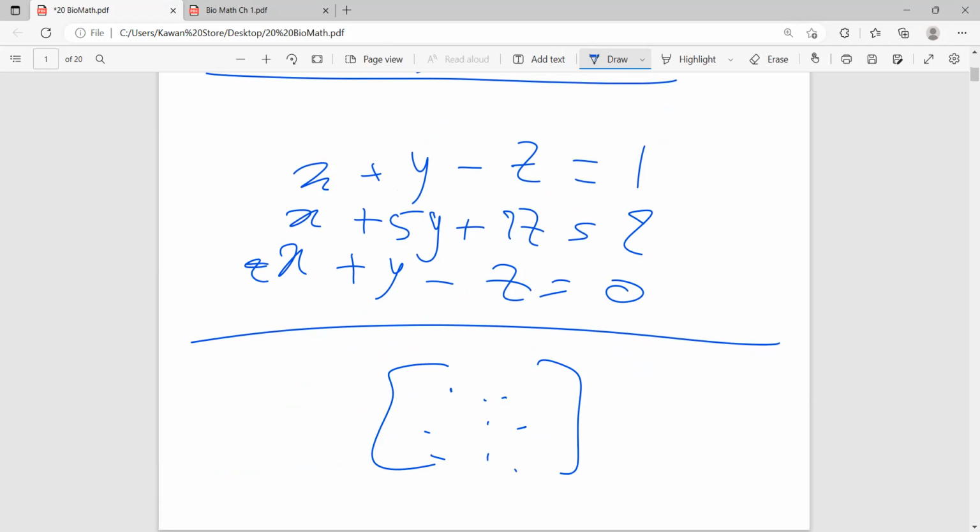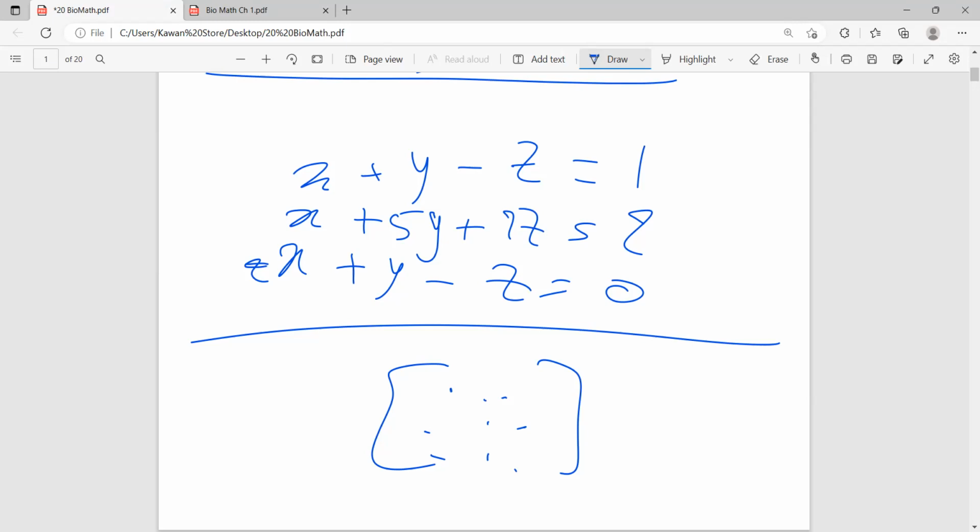Because you are dealing with bacteria and viruses and many things, maybe you have many variables and many parameters. In that case, the parameters can be changed to x, y, z, w, and so on. So with all these parameters and all the equations that you have, it's better to use the matrix. First of all, try to learn how to solve the matrix.